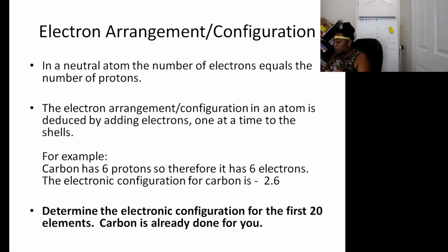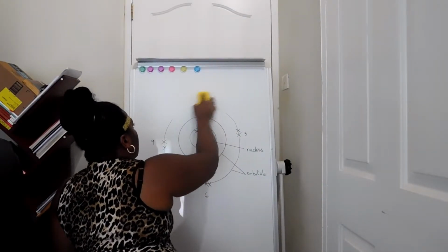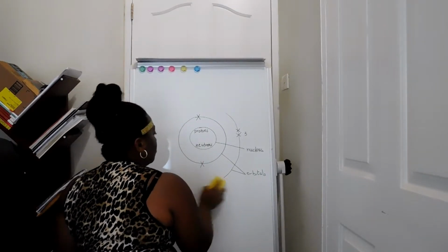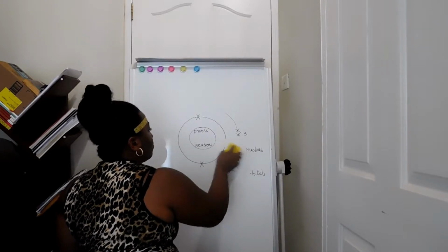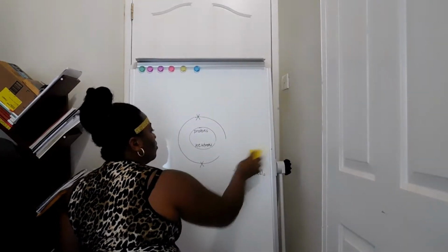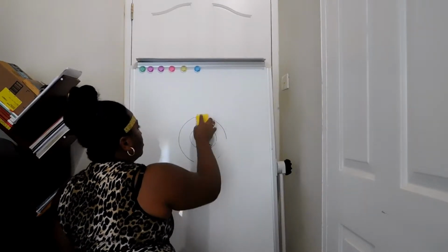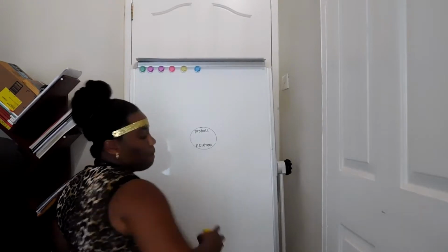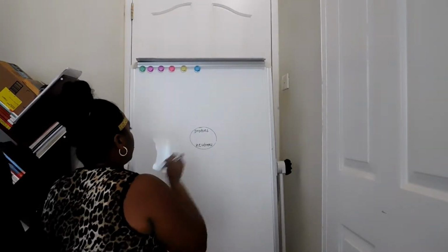So let's do that. We're dealing with carbon, and we've just learned that the number of electrons that carbon has is 6. I'm going to write carbon up here.